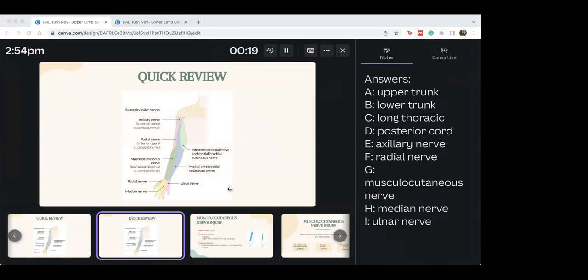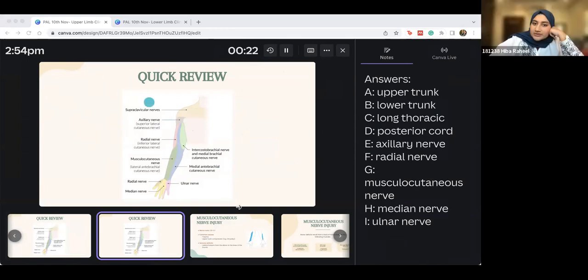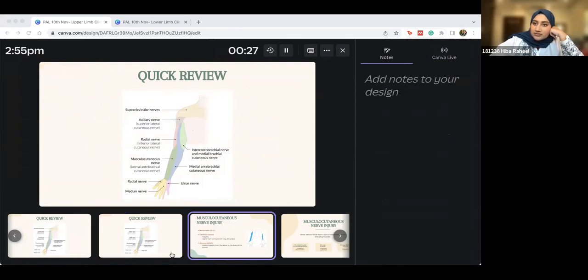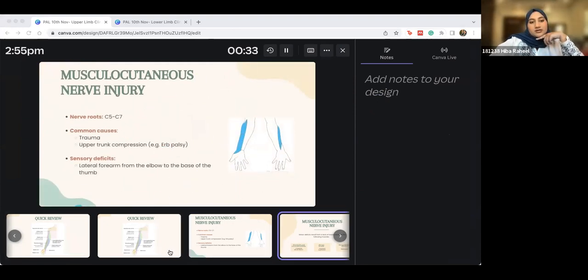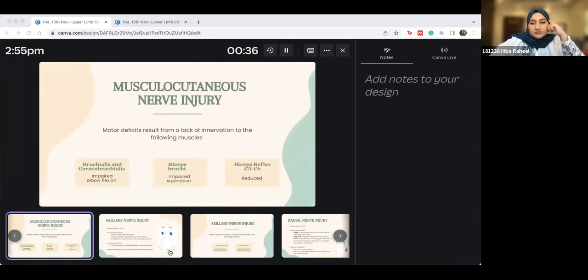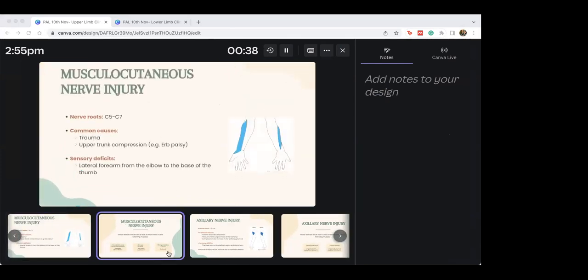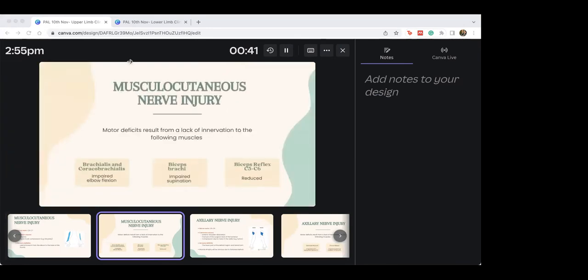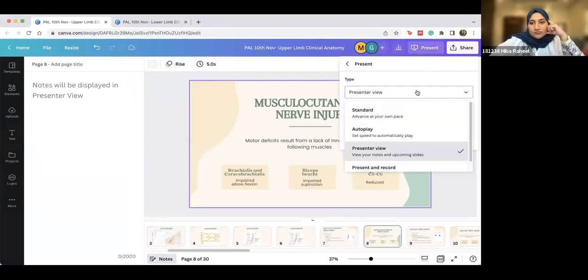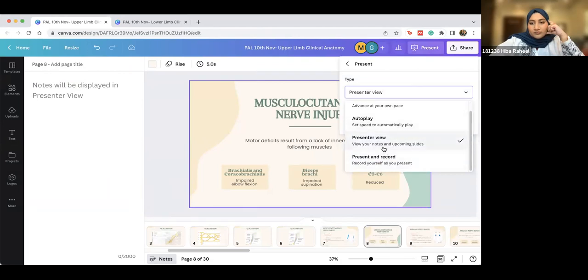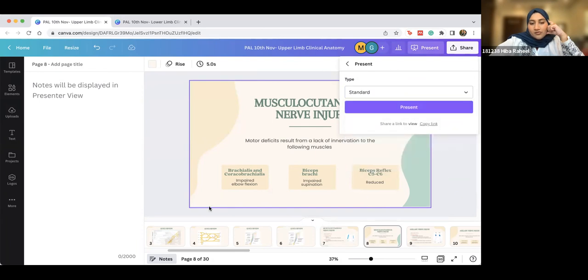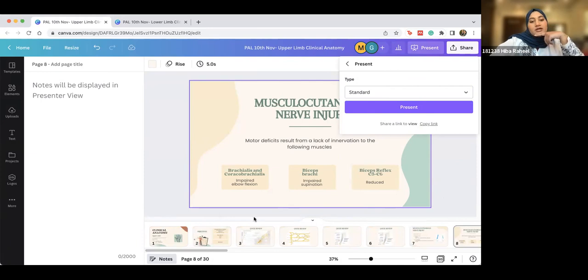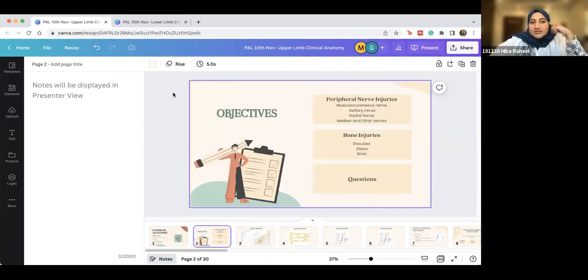Two windows. According to Canva, this is what the audience is seeing, and they shouldn't be seeing my notes. We can see both of them. How can I present? Because I need the notes section.